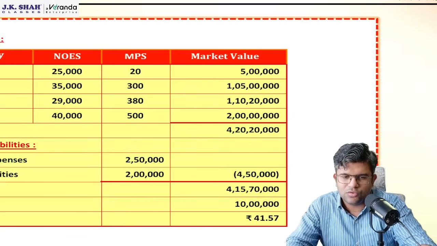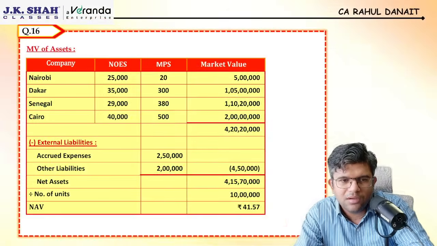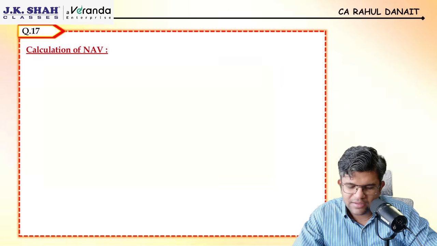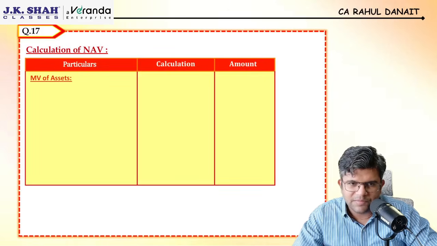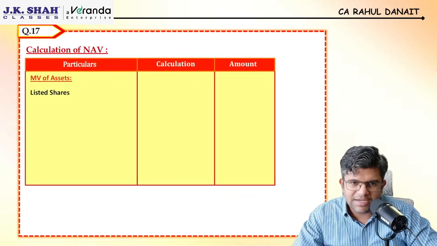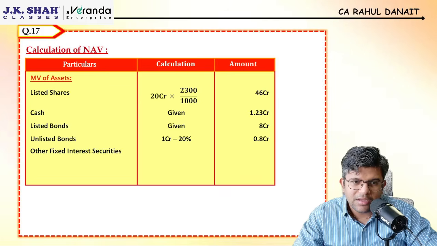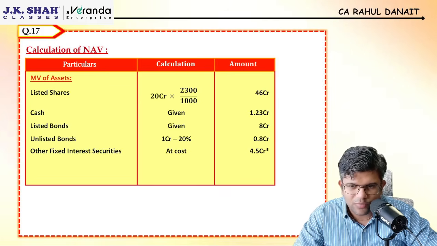Okay, so students, here comes the solution. First of all, see the solution so that you are able to revise it. Market value of assets, be with me. Listed shares, remember the calculation. Cash, remember the calculation. Listed bonds, given. Unlisted bonds, 20% diminution. Other fixed interest securities, they told us to take at cost, so I'm taking at cost, and I'm putting a star there, I'll give you a note below.